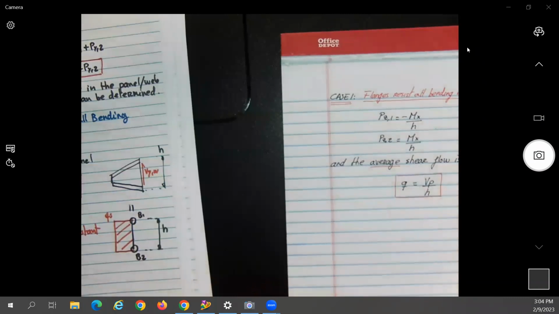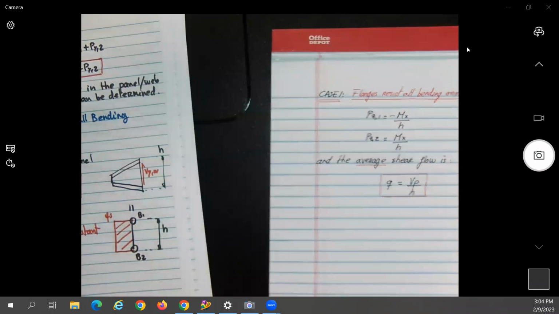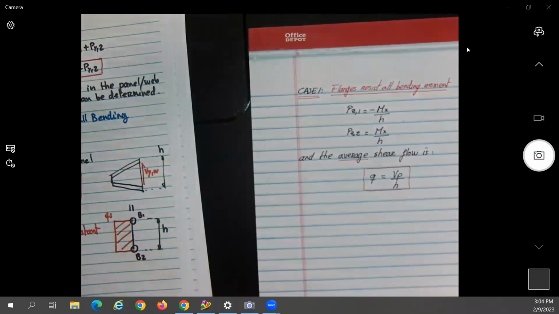Which basically is what one of you asked me a while ago: what really is the shear flow? It's just the value of the force divided by the depth of the structure, no? That is the average, okay? You see, you want to make complicated stuff. This is what is known. This is what is done in industry all the time.